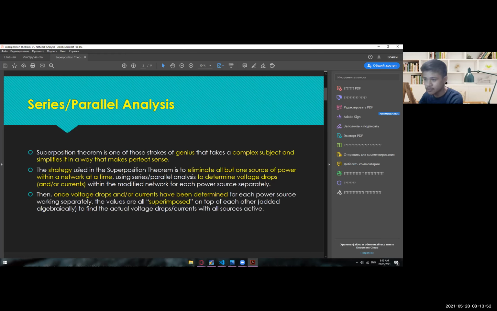The strategy used in superposition theorem is to eliminate all but one source of power within a network at a time, using series or parallel analysis to determine voltage drops and or currents within the modified network for each power source separately.